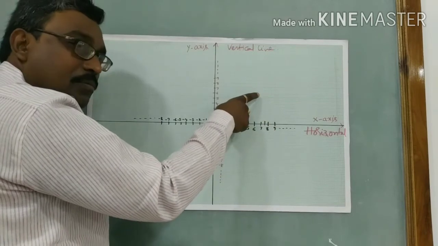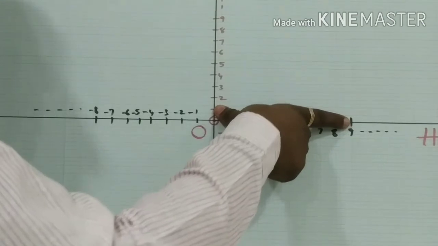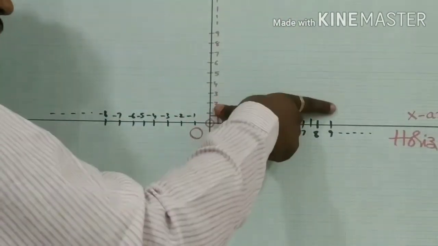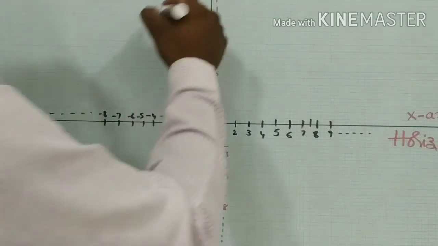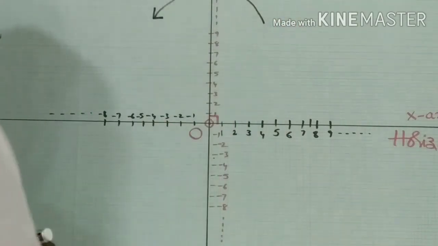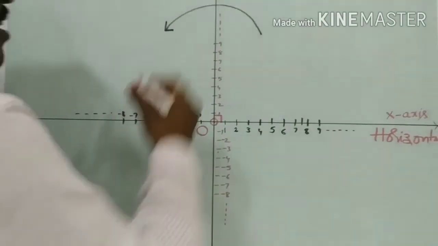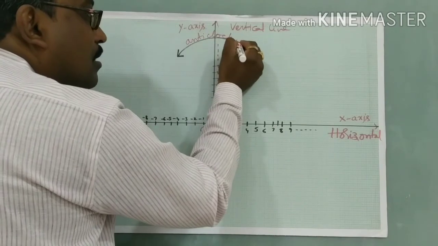Now, this Cartesian plane is divided in the anti-clockwise direction, that means in this direction.